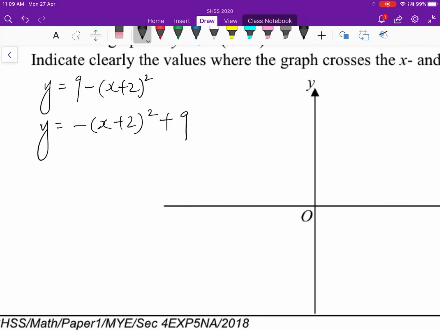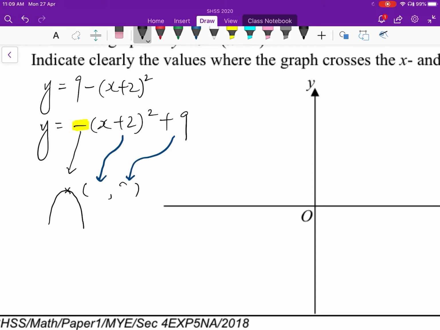Now remember, this plus and minus will tell us how the shape looks like. If it's a minus, the shape will look like this, a sad face.